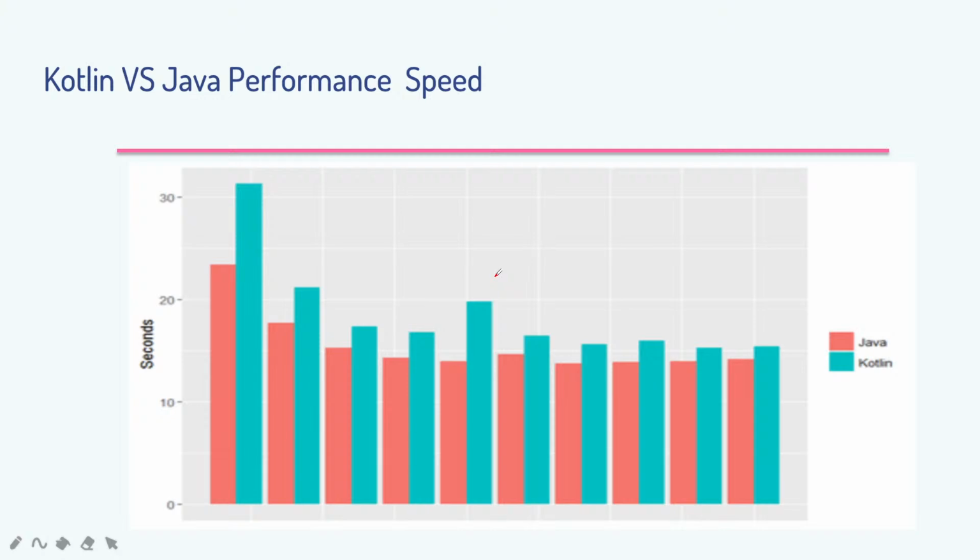For performance speed, Java takes nearly 24 seconds, which is less compared to Kotlin. All the blue color bars have a higher amount compared to Java. So the compilation speed and performance speed of Java is good, as it takes a few seconds less when compared to Kotlin.